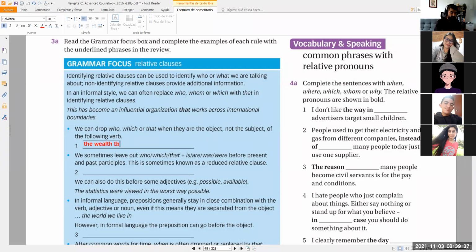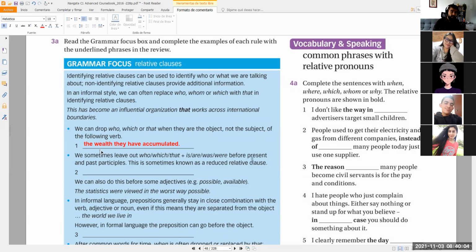The wealth they have accumulated. And why is that? As you can see here, guys, we could include that, right? The wealth that they have accumulated. But basically, the reason why we eliminated it is because wealth is the object.